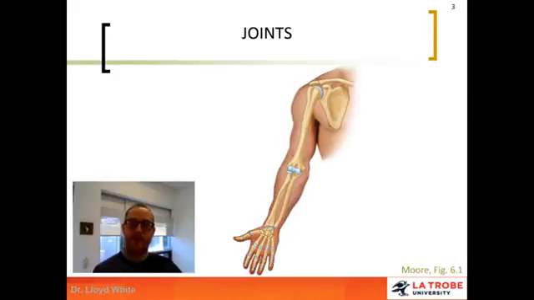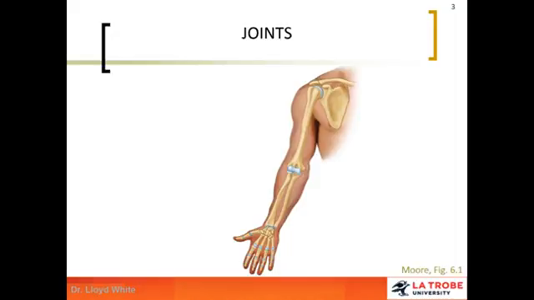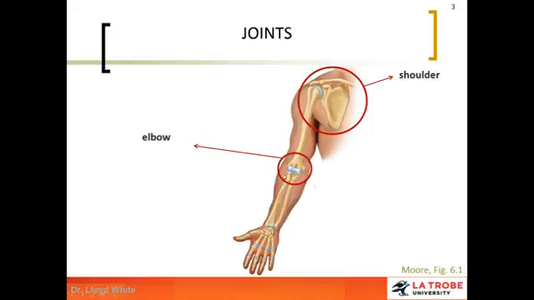So we've looked at the bones, now let's look at the joints that these bones make where they articulate with each other. So colloquially speaking, we have the shoulder joints, the elbow joints, the wrist joints and the hand joints. But each of these are made up of potentially multiple individual joints.